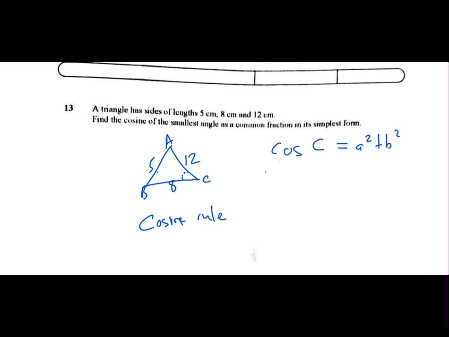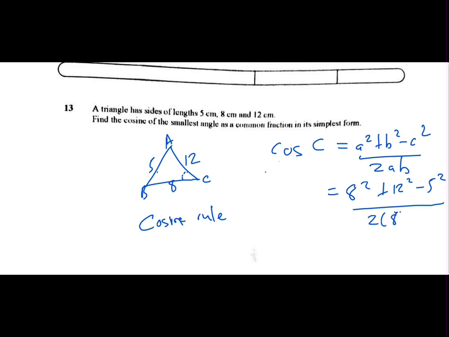So cos C is equal to, the cosine rule says that cos C would be equal to a squared plus b squared minus c squared all over 2ab, which would be equal to 12 squared plus 8 squared minus 5 squared, all divided by 2 times 8 times 12. So just remember to put the figures in correctly so that you don't make mistakes and you avoid losing unnecessary marks.